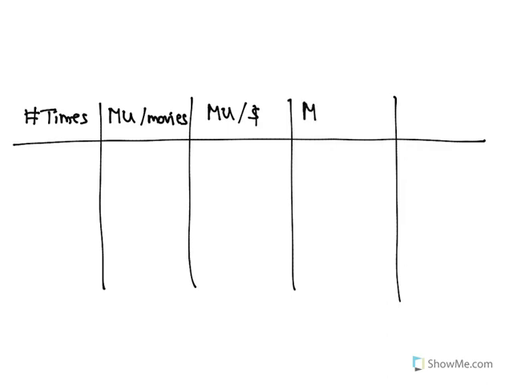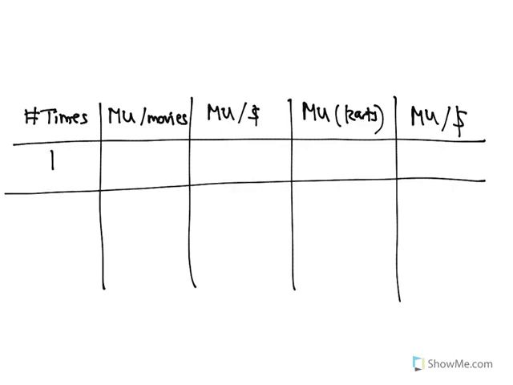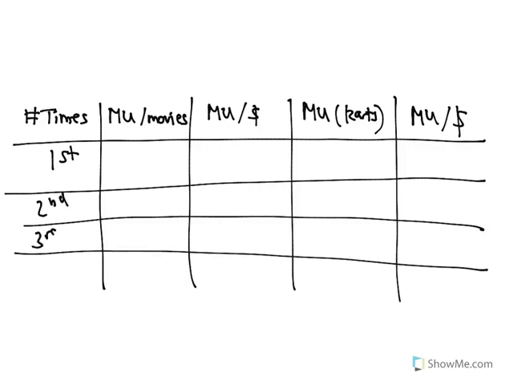And then we've got MU for, we're just going to call it carts, for go-karting. And then the marginal utility per dollar spent. Then we will say, this is the first time we go, the second time, the third time, and the fourth time we go.